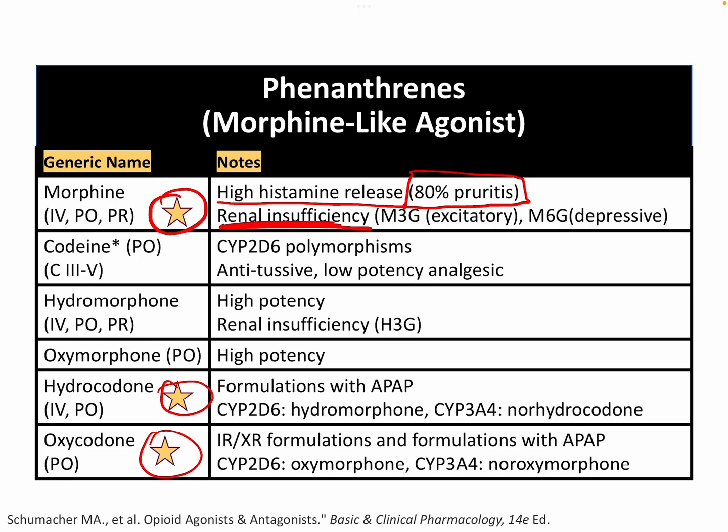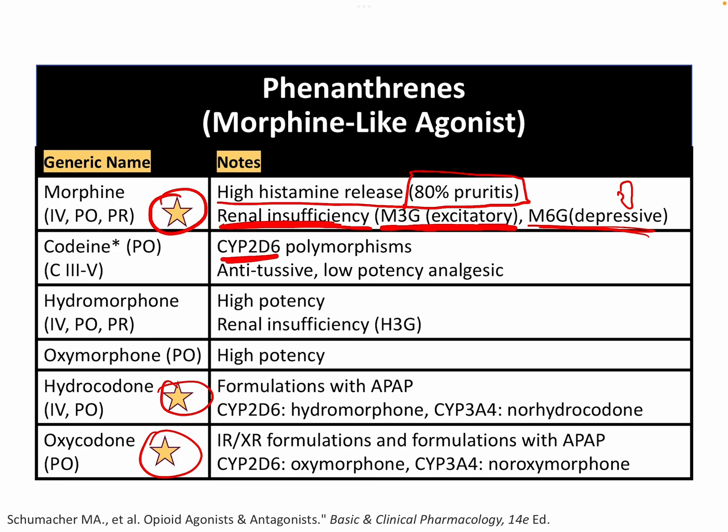In patients with renal insufficiency, you can have increased levels of morphine-3-glucuronide, which has excitatory effects, and it can cause increased risk for accumulation and overdose in renal insufficiency. So just keep that in mind with your little beans here.